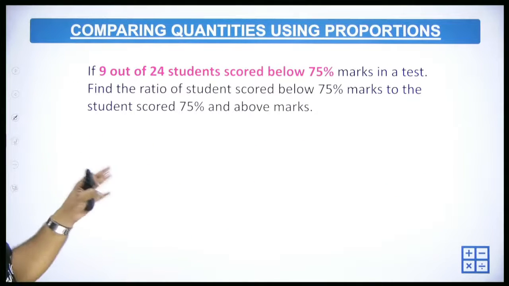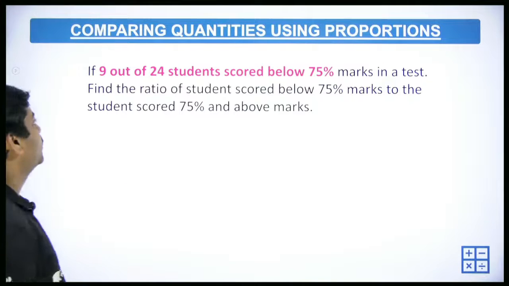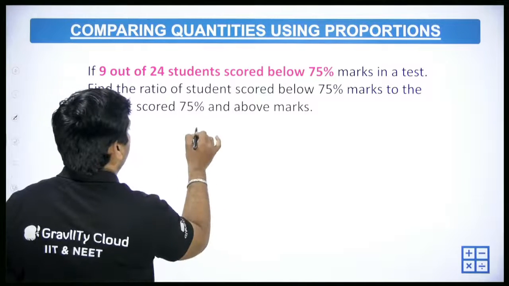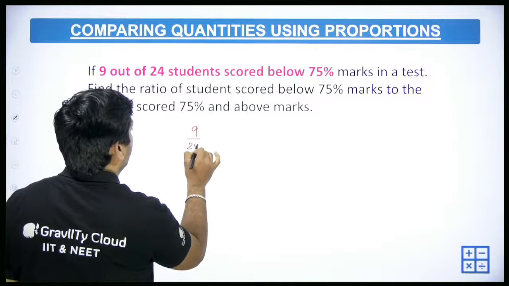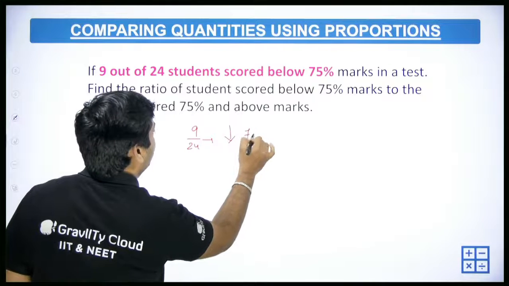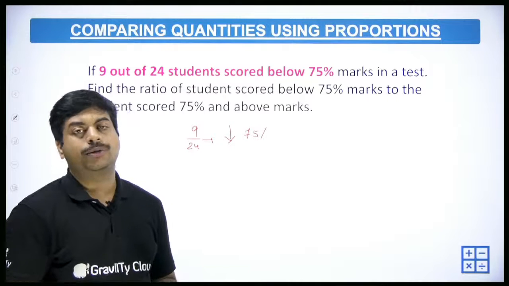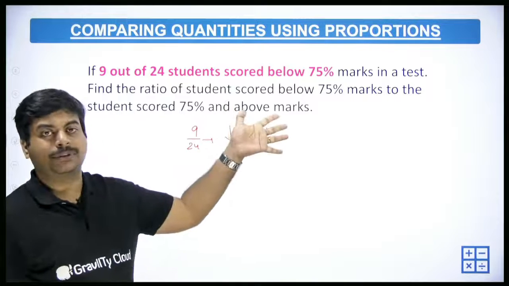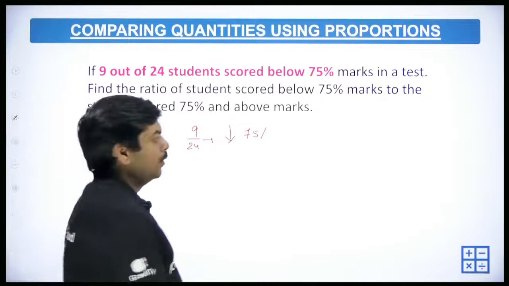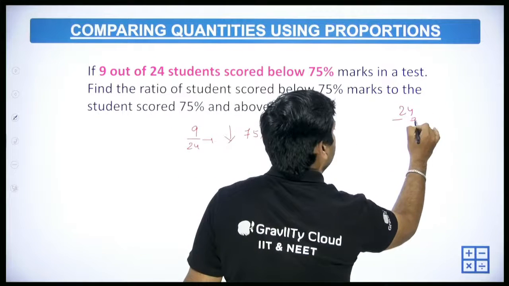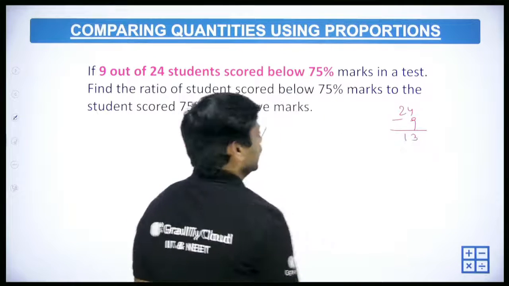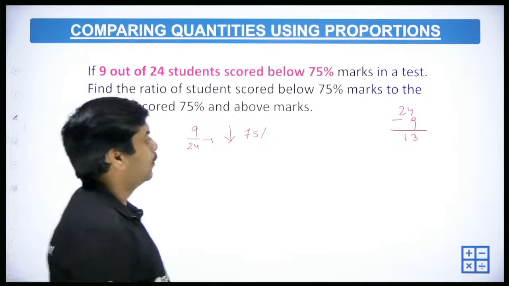If 9 out of 24 students scored below 75%, so 9 out of 24 got below 75%. Now tell me, how many students are there who got more than 75%? 24 minus 9, which is 13, right? Not 13, sorry, 15.